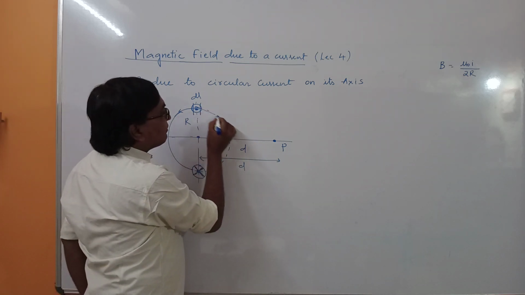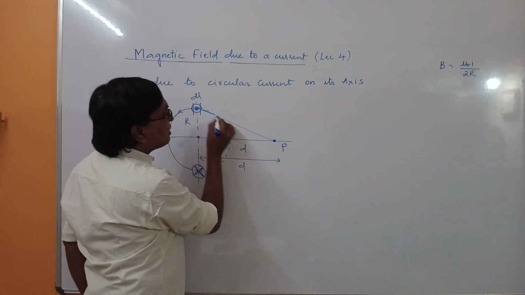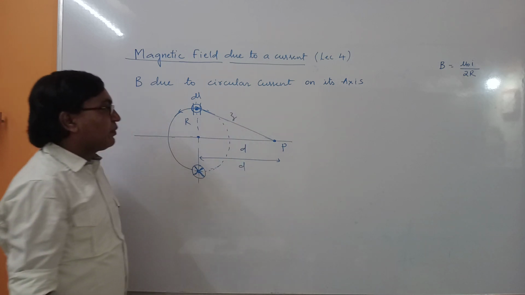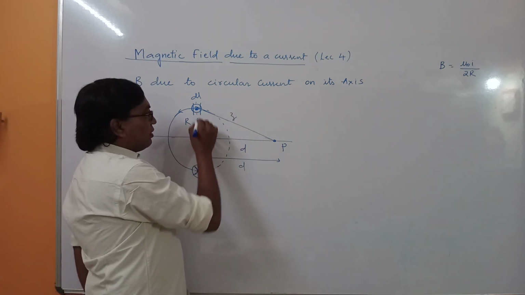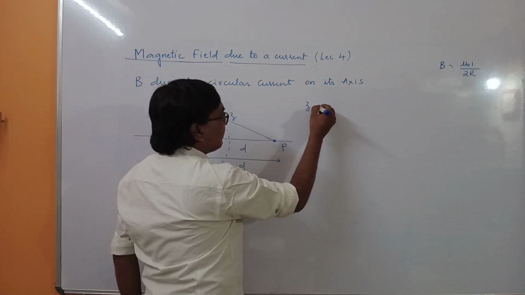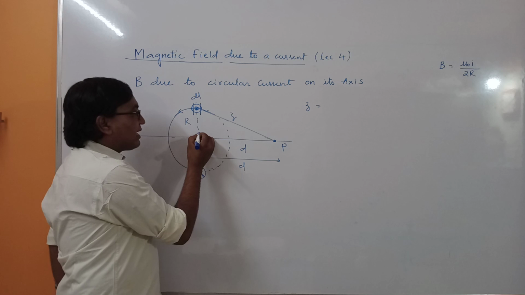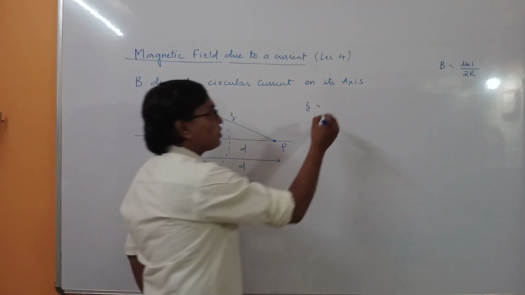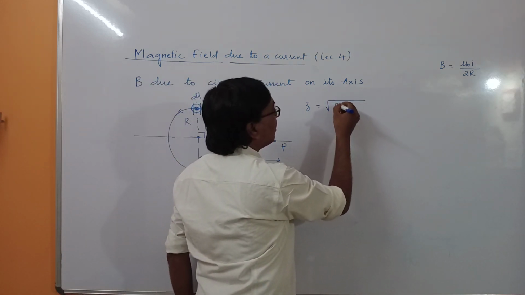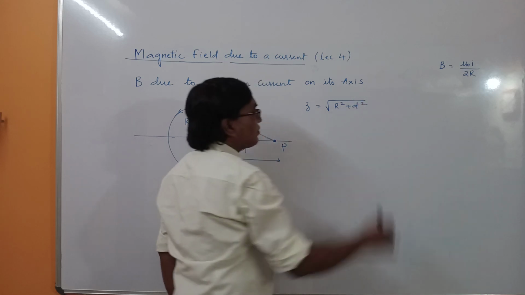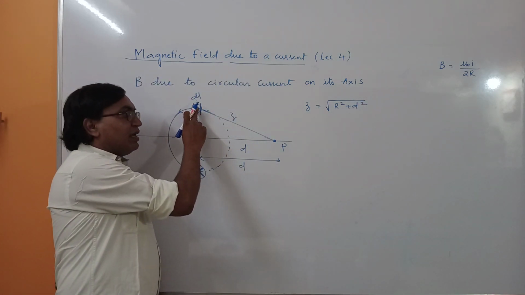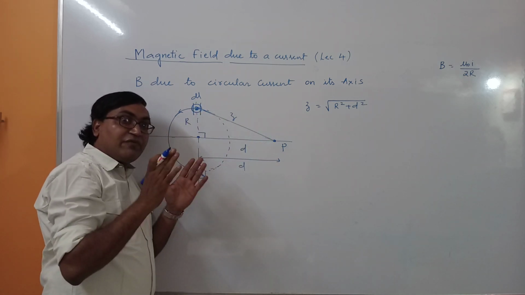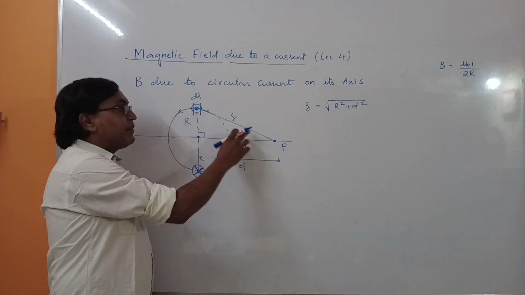This is the position vector, let us say Z. Now Z can be written, this is a right angle triangle, so Z is root of R square plus D square. This Z vector is the position vector from the current element to point P where we are finding the magnetic field. So this is perpendicular.